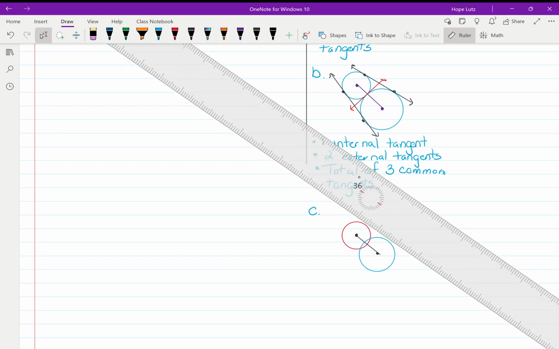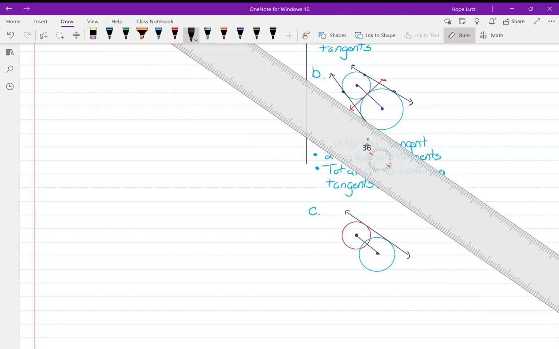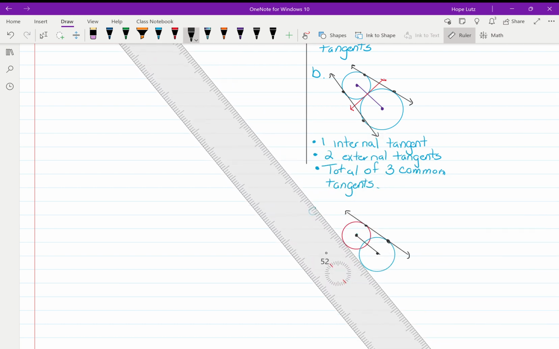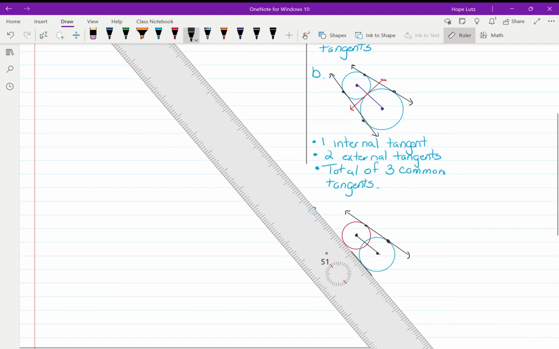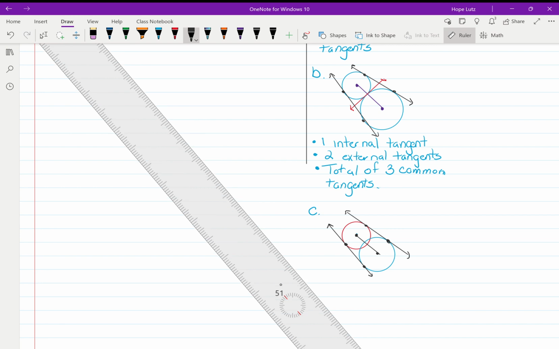All right, so now we're going to do the outside. So I've got going here. So it hits once here, and then it's going to go once here and once here.